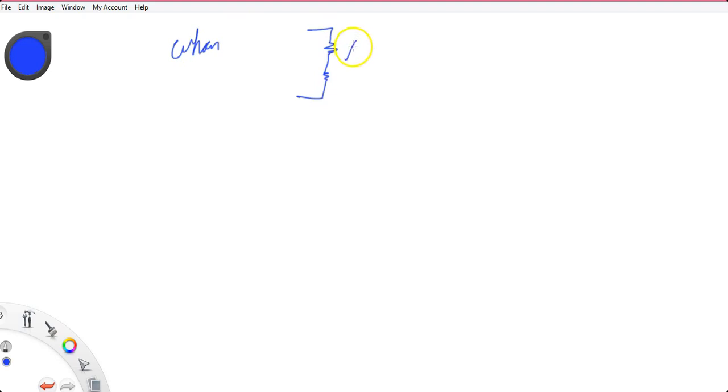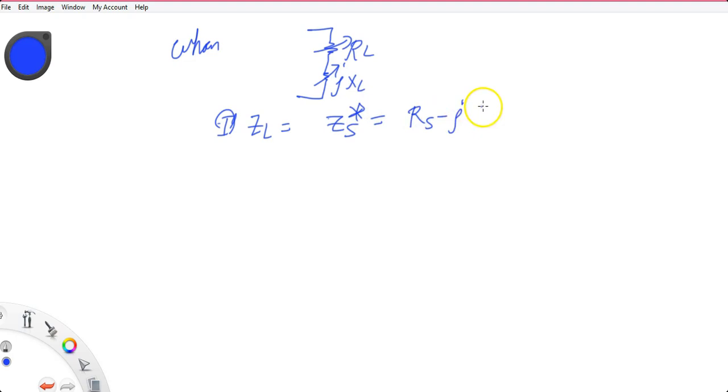When both are variable, you have ZL equal to the complex conjugate of ZS, which is RS minus jXS. So your I will be VS upon 2RS, right?